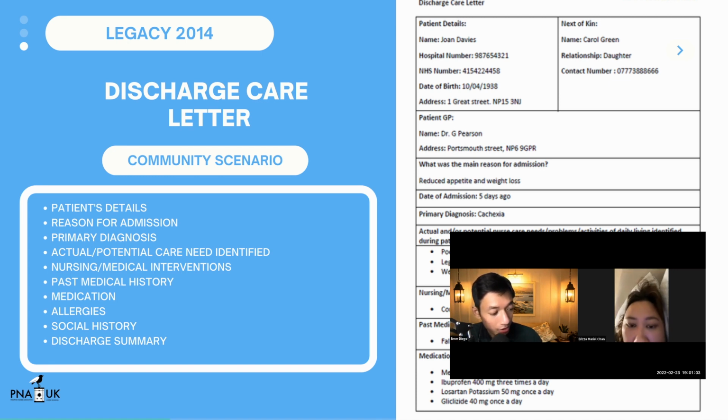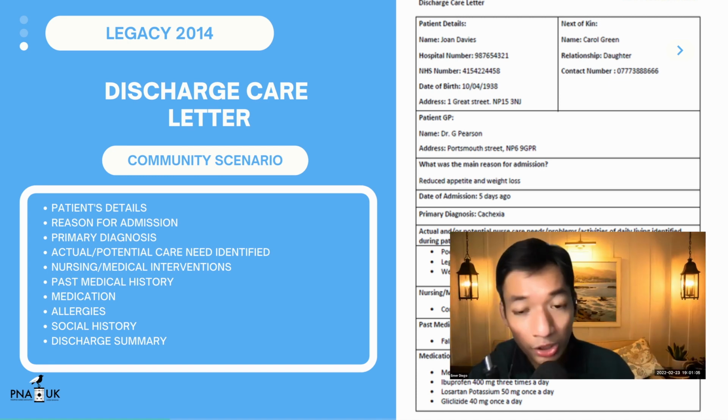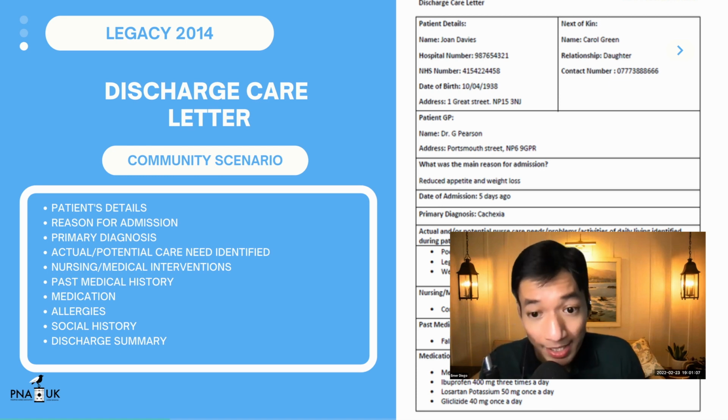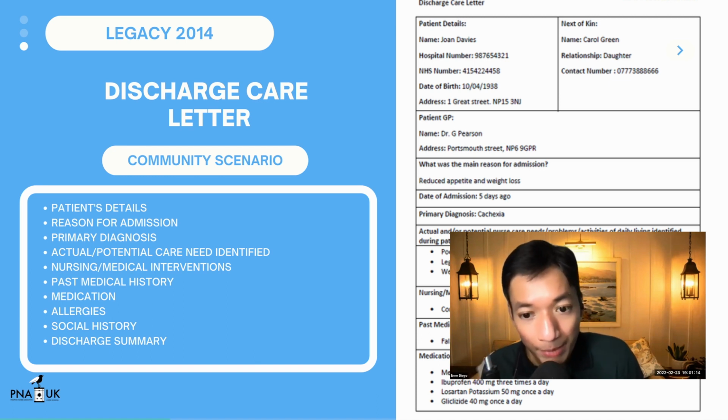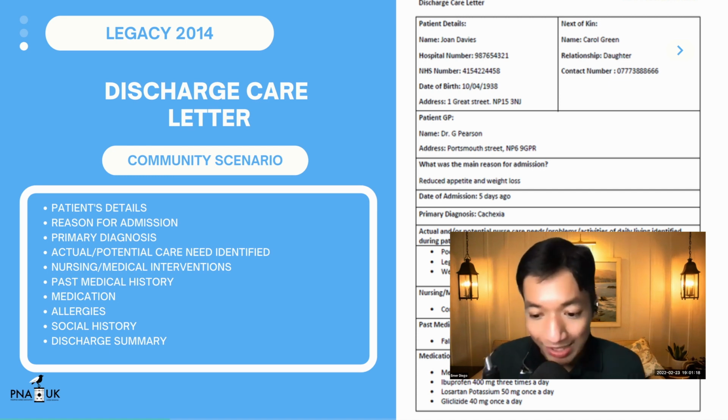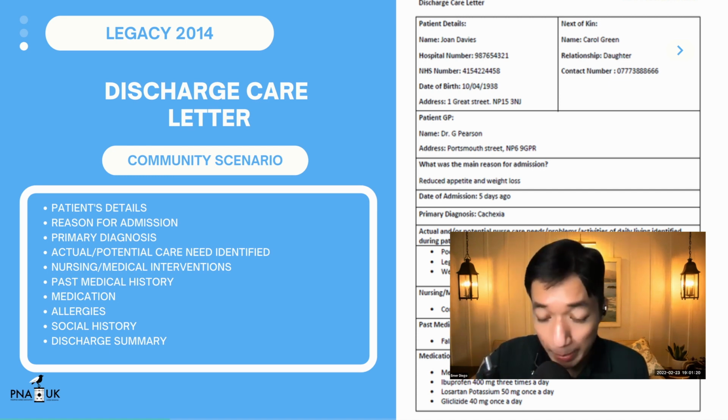These documents will be handed to you by the assessor. If you're seeing this, that means the scenario is in the community. If you're seeing the other one, the admission booklet, that means you are in the hospital. Okay, so that is that. You don't have to select. Okay, you don't have to select. It will all be provided for you on the examination, but you cannot see both. Okay, you cannot see both.